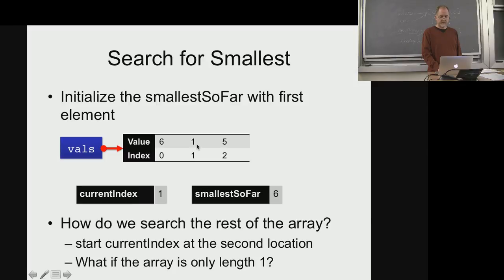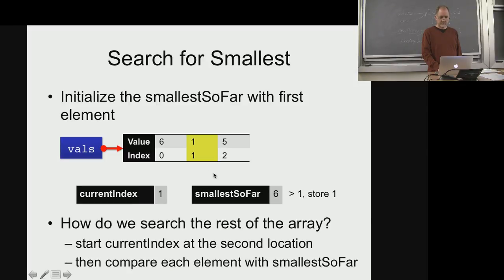And it is, so we're going to change smallest so far to be 1. We go to the next index, and we check to see if 5 is less than 1. It's not, so we keep the 1 in there. And when we run out of elements in the array, we return that smallest value that we found.